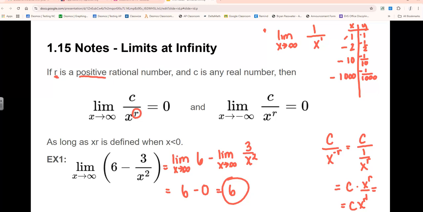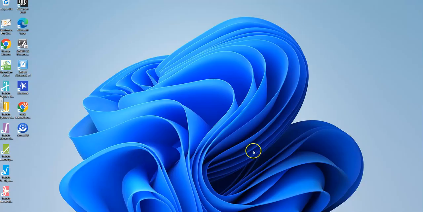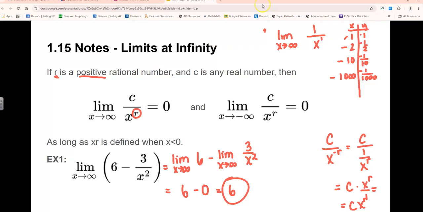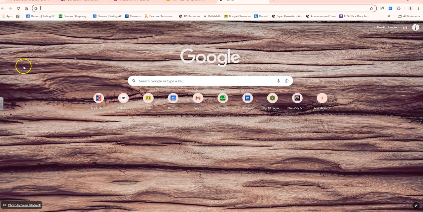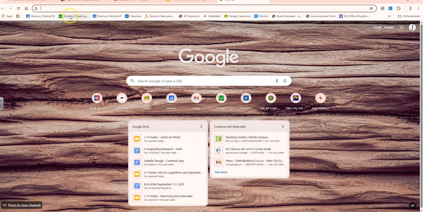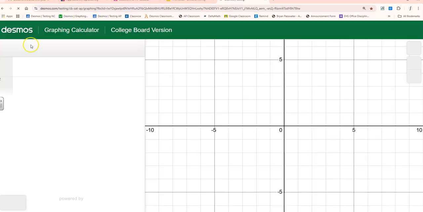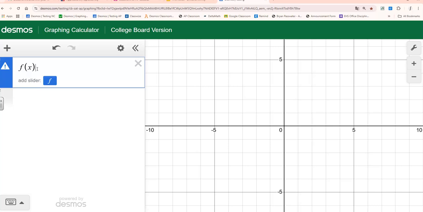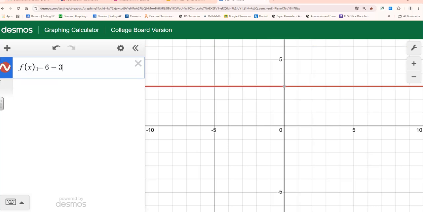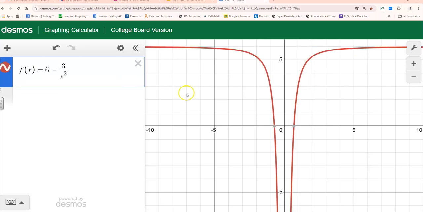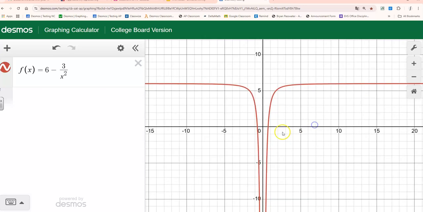Okay, this also, let's think about what the graph looks like for this. If I pull up Desmos here and I graph f of x equals 6 minus 3 over x squared, on the graph, it's your horizontal asymptote because you're talking about what happens way out at the end of the graph.